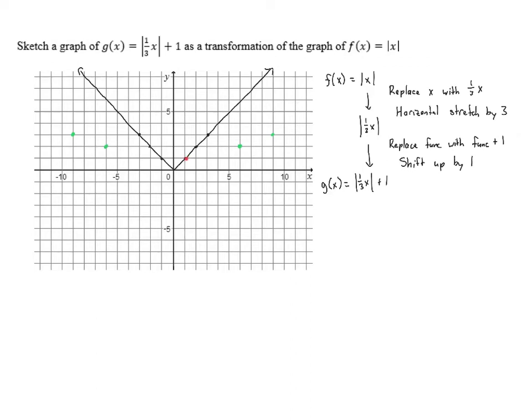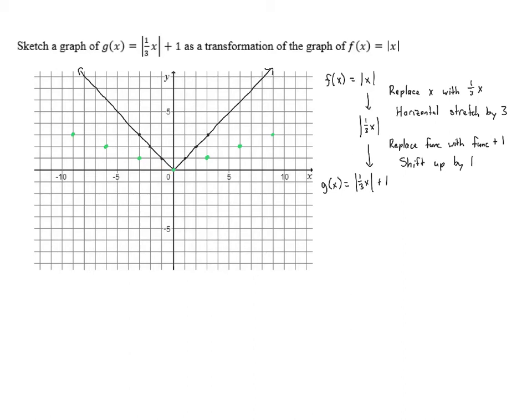Now this point is 1 unit to the right of the y-axis. When we stretch this horizontally by a factor of 3, it becomes 3 units to the right of the y-axis, and then the point on the left becomes 3 units to the left of the y-axis. And of course, the origin does not move, so this is what we end up with after the first transformation.